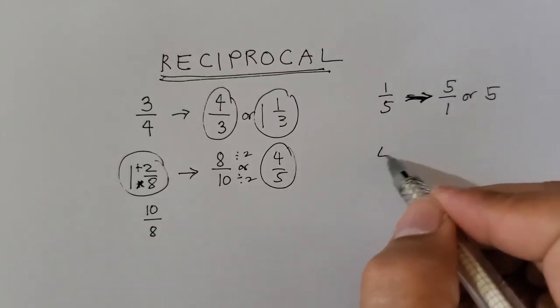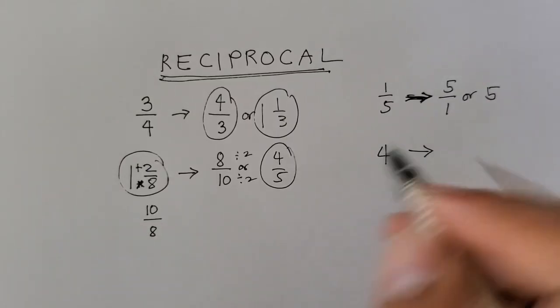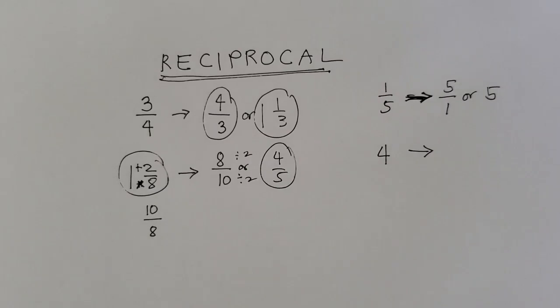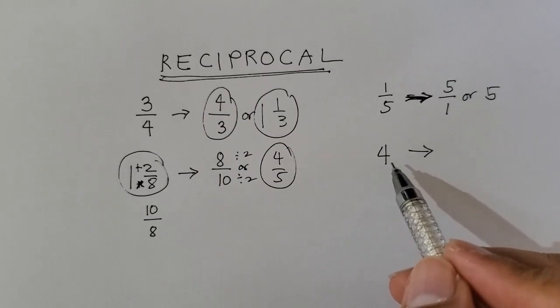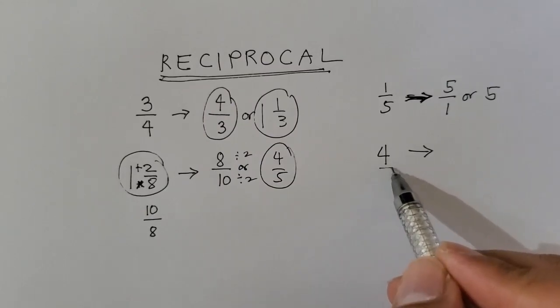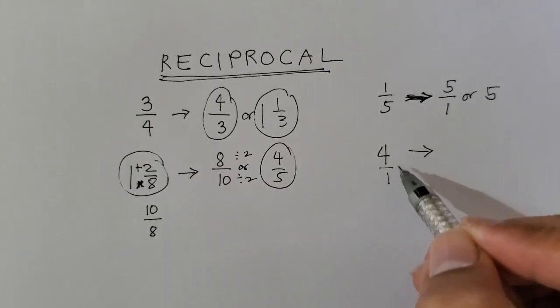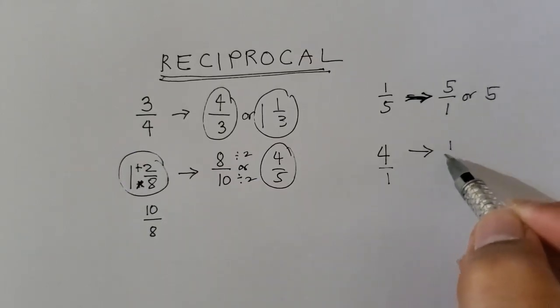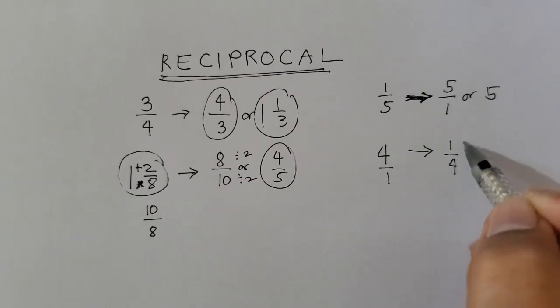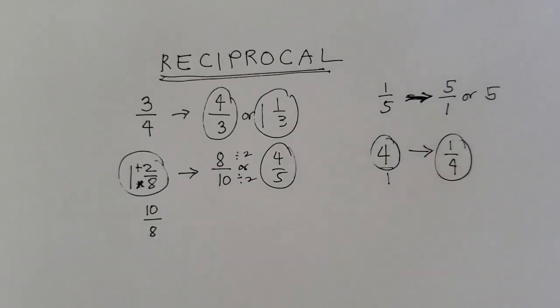How about 4? What's the reciprocal of 4? This 4 is a numerator, and it is already understood that if a number is a whole number, it has a denominator of 1. Therefore, the reciprocal of 4 over 1, or 4, is 1/4. So that's the reciprocal of 4.